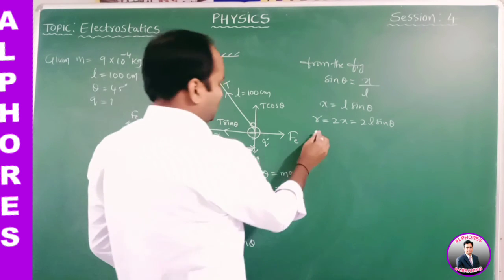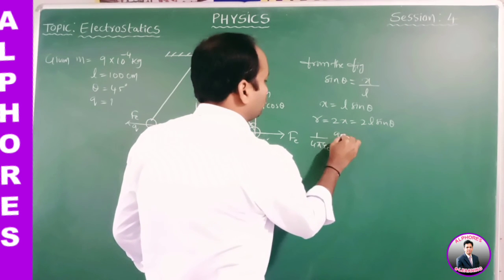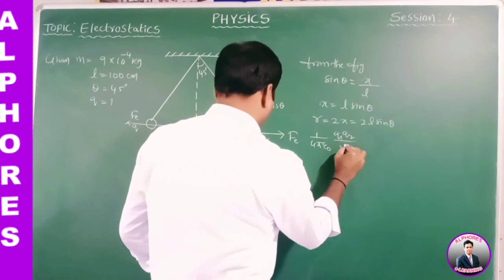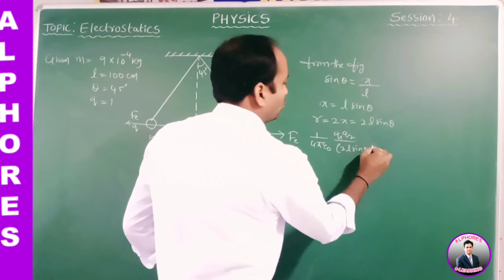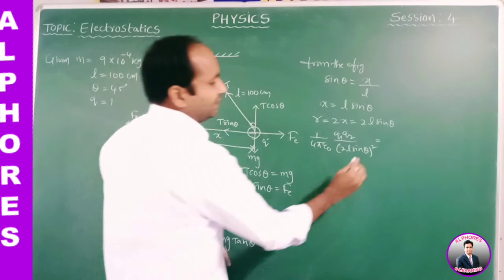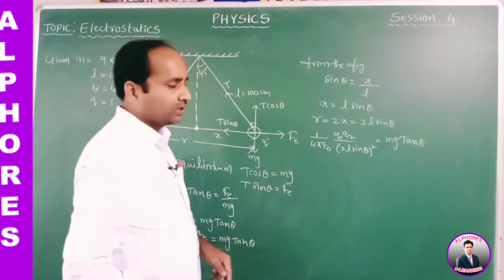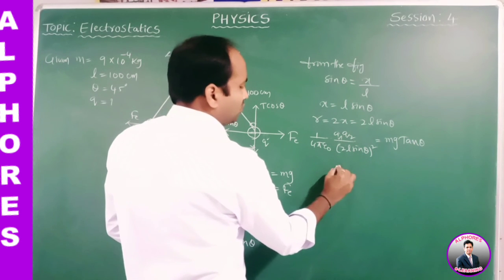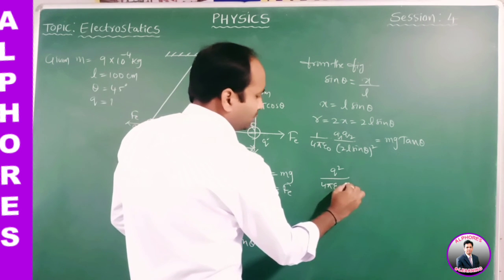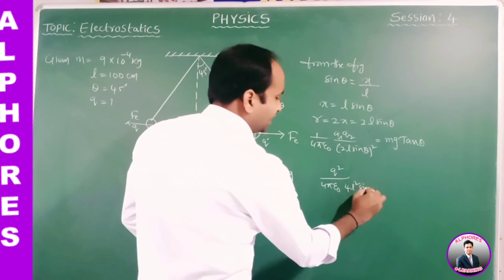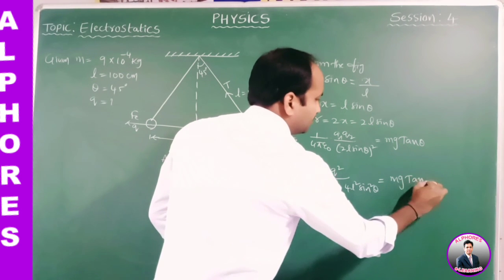Now substitute here: 1 by 4 pi epsilon naught q1 q2 by r square, with r equal to 2L sin theta whole square, is equal to mg tan theta. But q1 and q2 are equal, so let us take q square by 4 pi epsilon naught 4L square sin square theta is equal to mg tan theta.